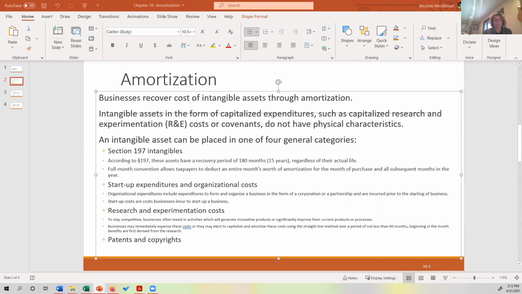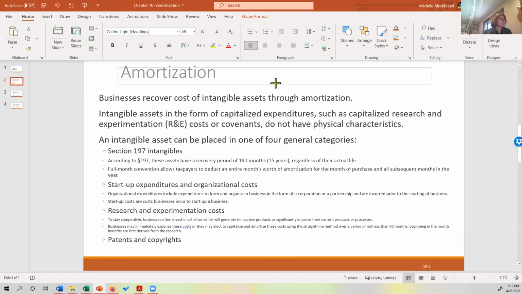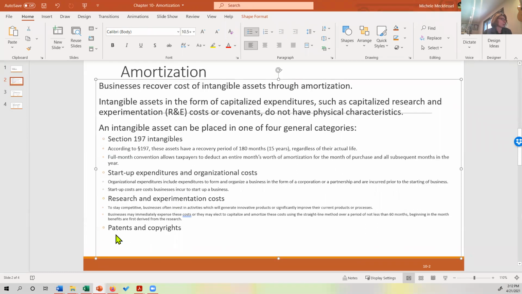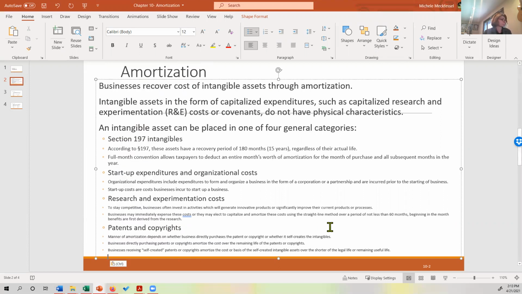And then lastly, you've got patents and copyright, okay? And those are maybe the type of intangible asset that folks are most familiar with; they're less exotic than some of the other intangible assets. Okay.